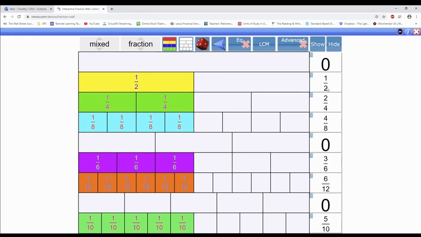You can see 1 to 2, 2 to 4, 4 to 8, 3 to 6, 6 to 12, 5 to 10. Think about, for a few seconds, what kind of pattern do you see happening there?